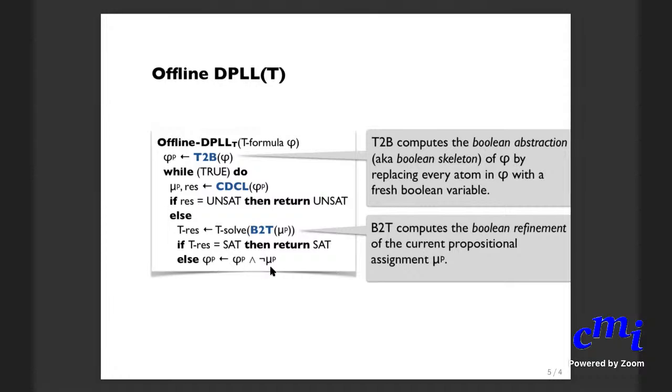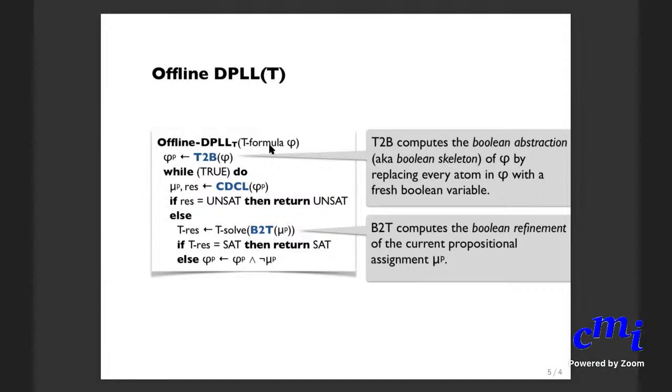And therefore, in order to get that, as with a Z3 solver, you will have to negate the current assignment, which does not satisfy the theory constraints. So you take this formula to block the current assignment, which is not good for the theory, and then get another satisfying assignment of the original formula.